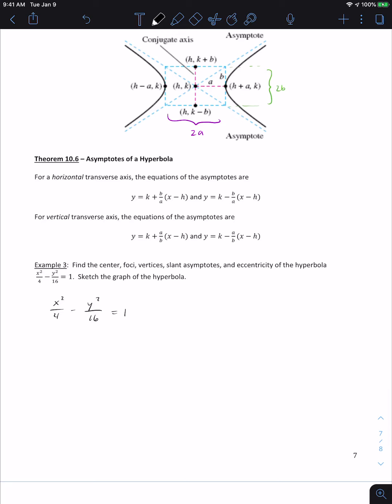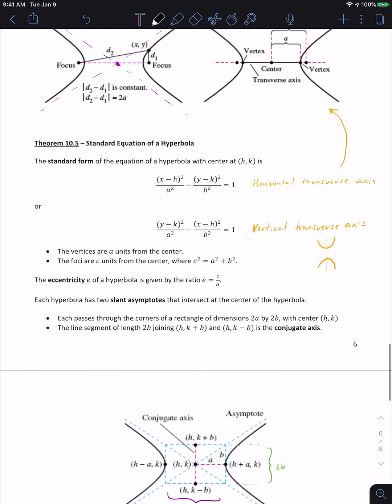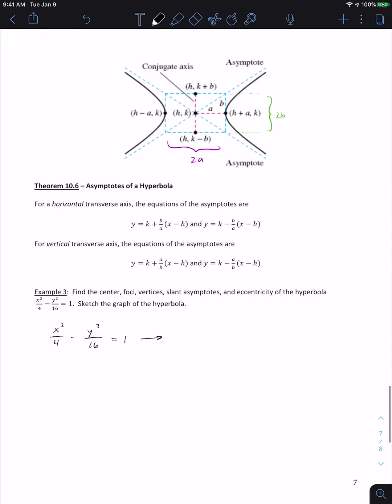First, we can go ahead and say whether this is vertical or horizontal. Since the x is the one that has the positive, that means that it is a horizontal transverse axis. So in other words, it looks like the pictures we drew everything for, right?